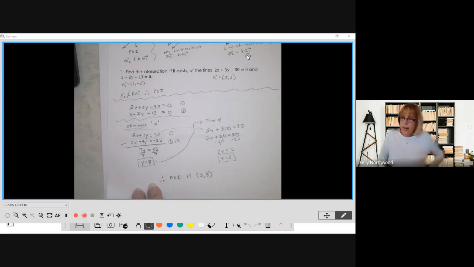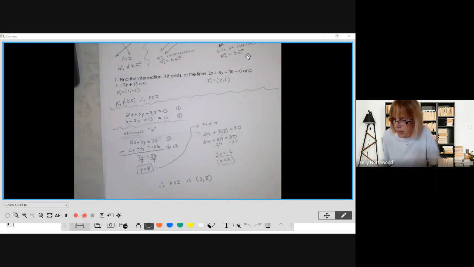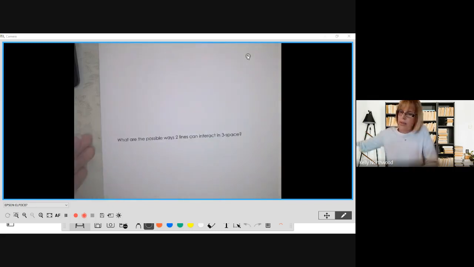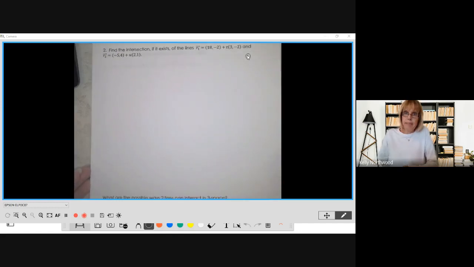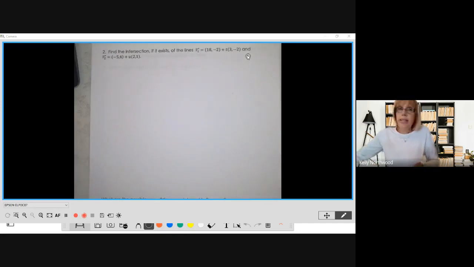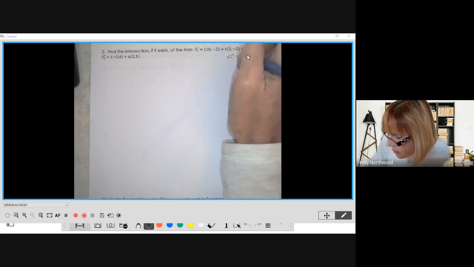Okay, so now we're going to try one where we're given it in vector form. And this is the type of way that we're going to transfer into 3 space. So find the intersection, if it exists, of the 2 lines. So we've got our first direction vector here. m1 is (3, -2).